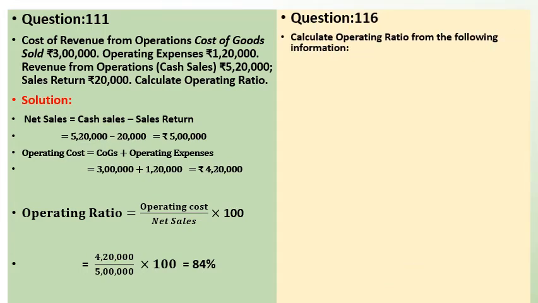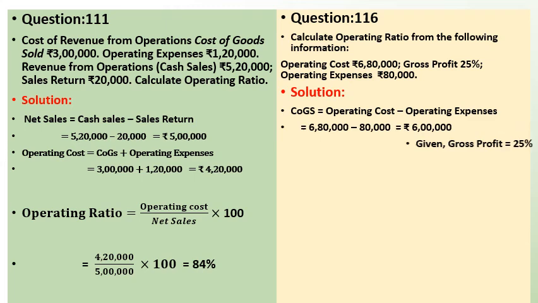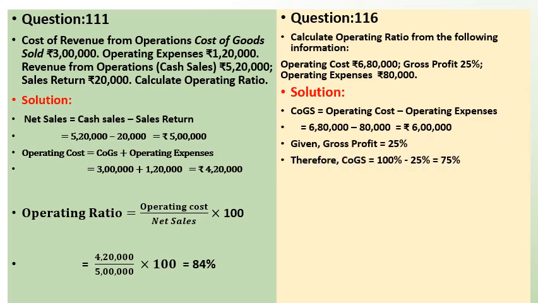Next question, we'll calculate another question, that is again operating ratio. From the following information, operating cost is given, gross profit ratio is given as 25%, and operating expense is given. From here we'll calculate cost of goods sold, which is operating cost minus operating expenses, and that comes to 6 lakhs. Gross profit is given as 25%, so cost of goods sold is 100% minus 25%, that is 75%.